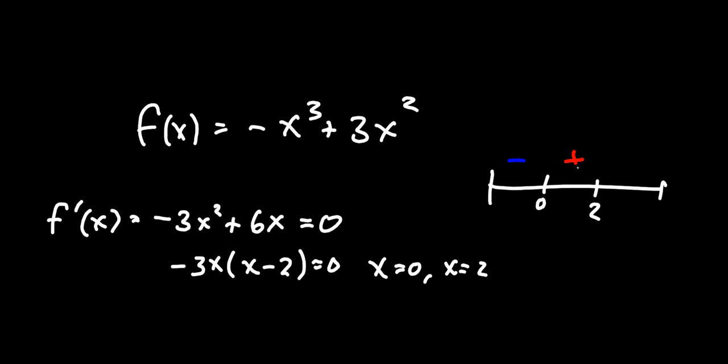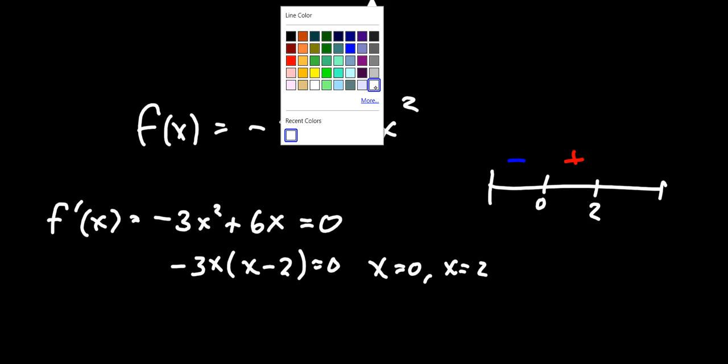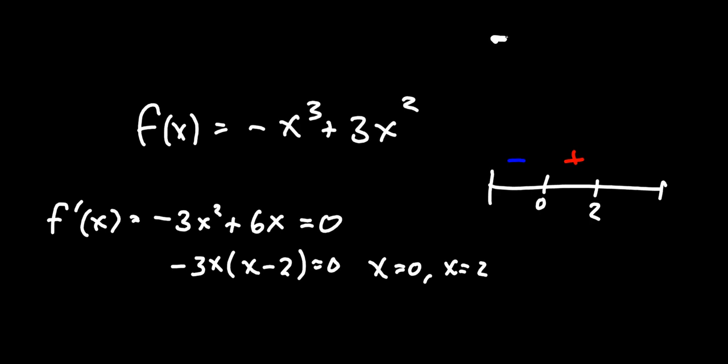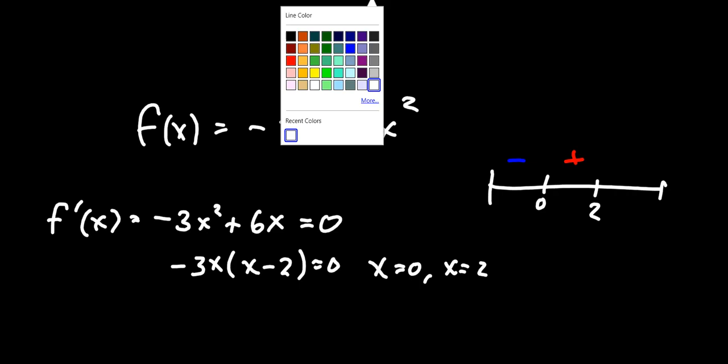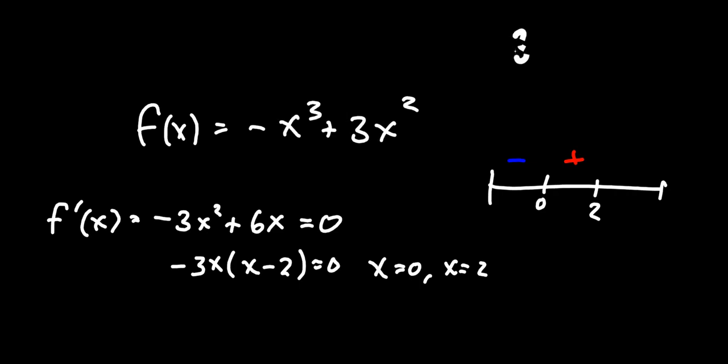Now let's choose a number greater than 2, such as 3. I'm not completely sure why it's doing that. I did not select that, but all right, I guess we're going to use green now.